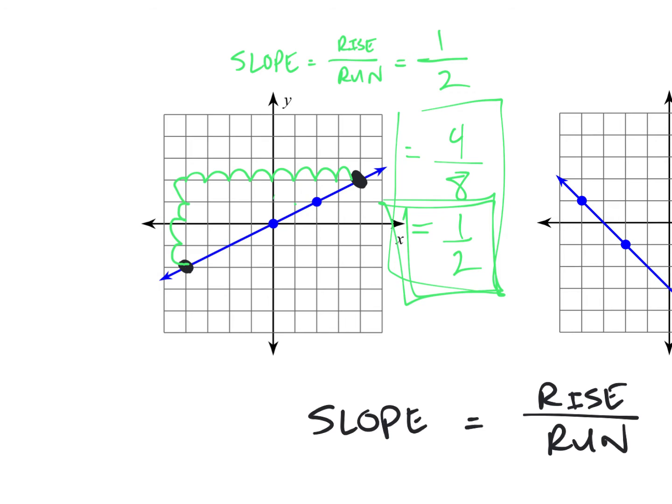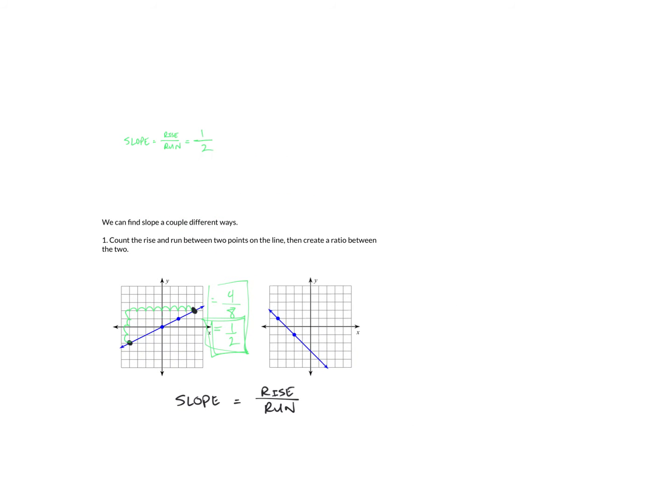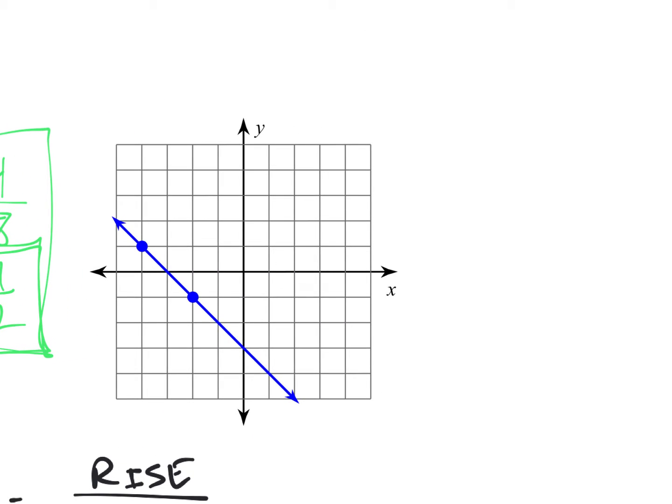Let's look at our other example. So in this case, so again, slope is equal to rise over run.